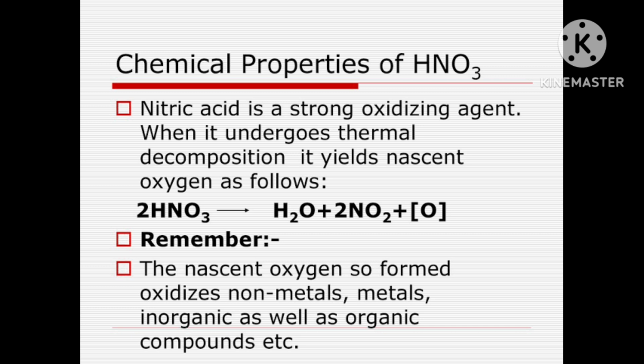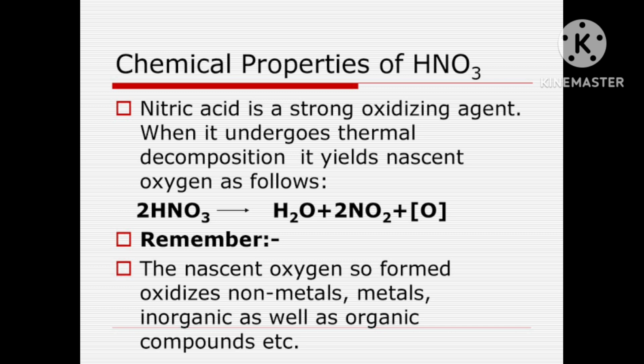As already told, here also NO2 you are getting, here also H2O you are getting. Just like sulfur is giving sulfuric acid, in the same way phosphorus P4 is giving phosphoric acid, H3PO4. Don't forget.